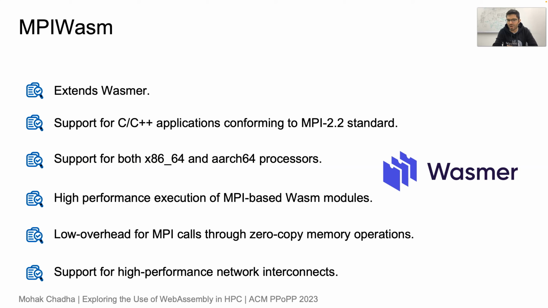It has low overhead for MPI calls through zero-copy memory operations. This we accomplish by automatically translating from the linear address space of the WebAssembly module to the host memory address space. In addition, MPI Wasm offers immediate support for high-performance network interconnects such as Intel OmniPath, which are commonly found on HPC systems.